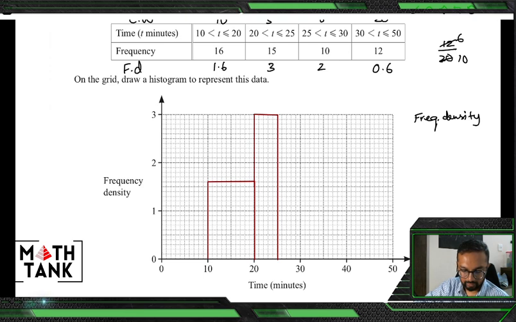Alright, just give me a moment to sort this out. Then 25 to 30 is a height of 2. So that's what I'm going to draw. And then 30 to 50 is a height of 0.6.